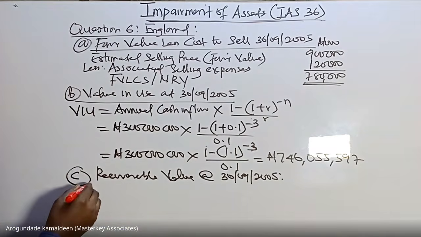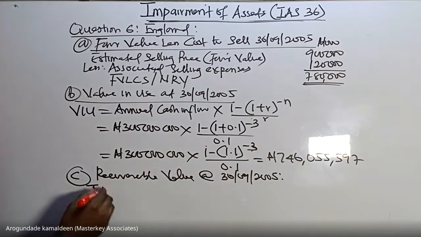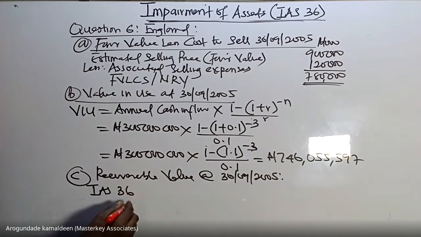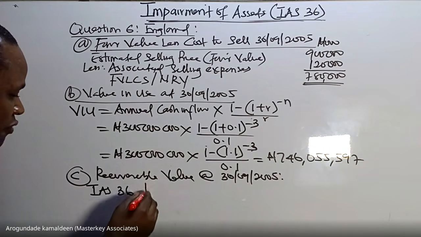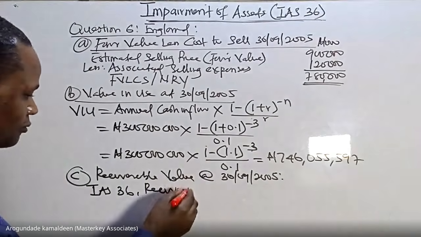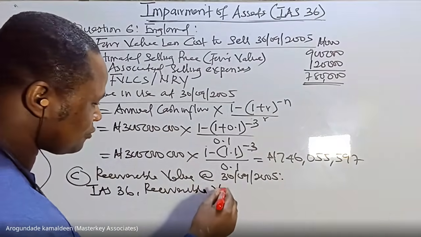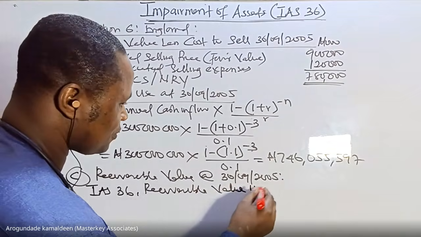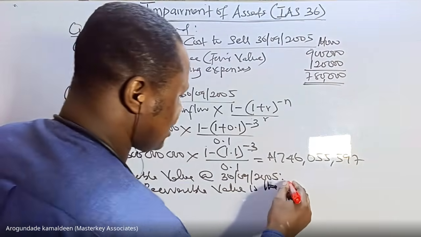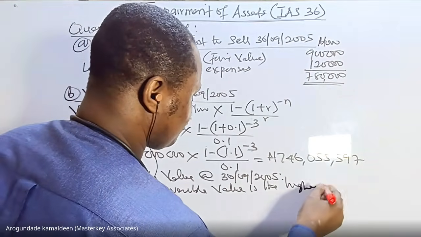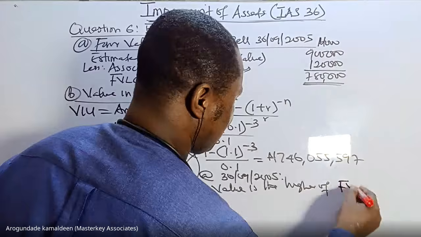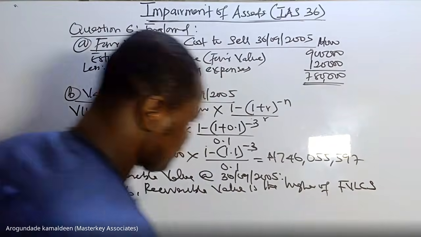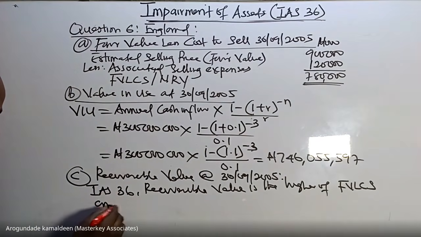Remember, IAS 36 tells me that the recoverable value is the higher of the fair value less cost to sell and the value in use.